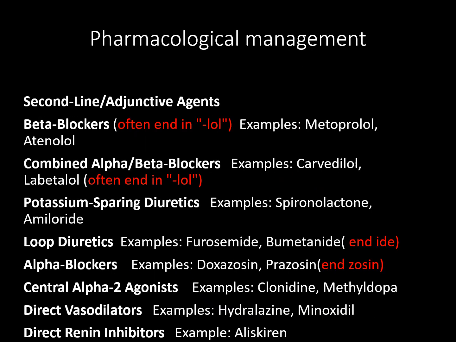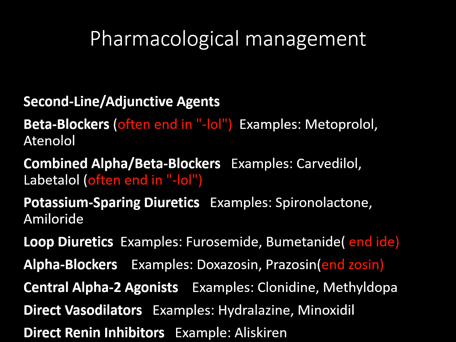The second line includes the beta blockers, which usually end with olol, such as metoprolol and atenolol. Atenolol is more common in this setting. Then you have the non-selective combined alpha and beta blockers, carvedilol being an example, because they influence both alpha and beta receptors. Then we have potassium sparing diuretics, spironolactone being an example. Then the loop diuretics, furosemide, ending with ide.